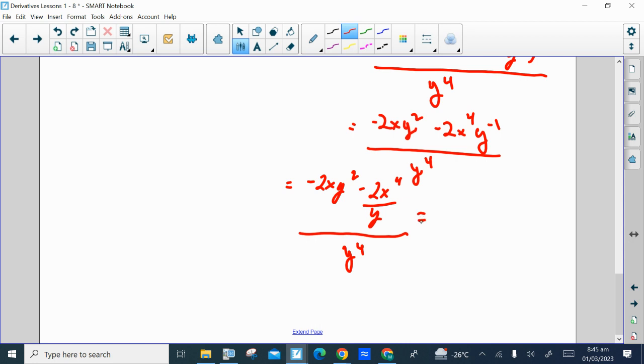So we've done this before where we've got a denominator in the numerator, and we got rid of that by multiplying all the terms by that common denominator, in this case by the letter y. So that first term will become negative 2xy cubed minus 2x to the 4th all over y to the 5th.